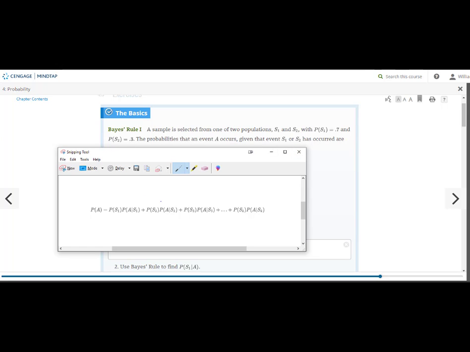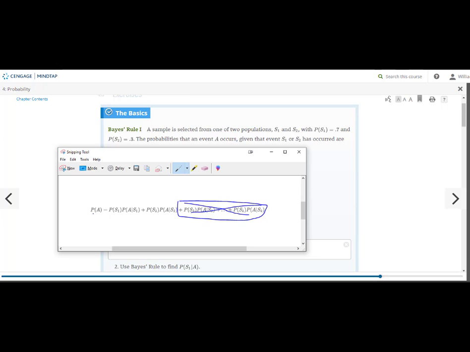The partition here is just going to be S1 and S2, right? We're dividing things only into S1 and S2, so we don't need all these terms from here on out. These are not being used. So we only need these two.